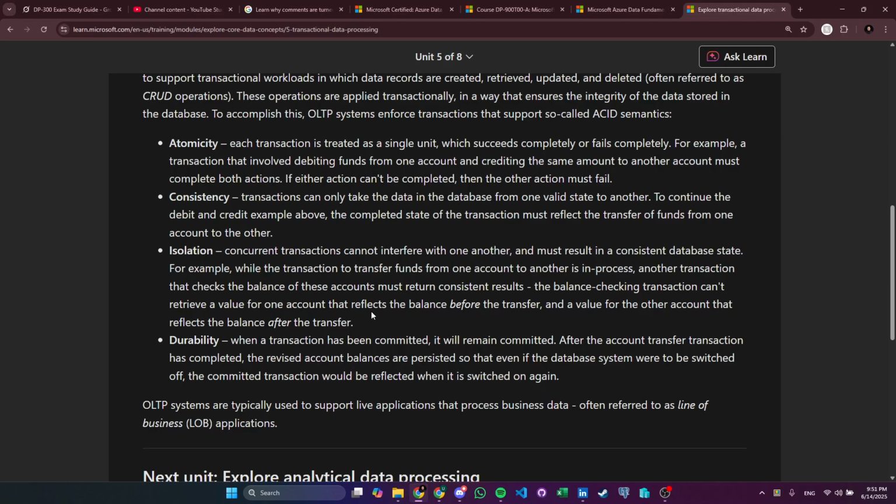Not both of them would fail because they are isolated. They are two different transactions. They might fail completely as a unit, or one might succeed and the other might fail because of the consistency and the valid states and the isolation, because each transaction is isolated.